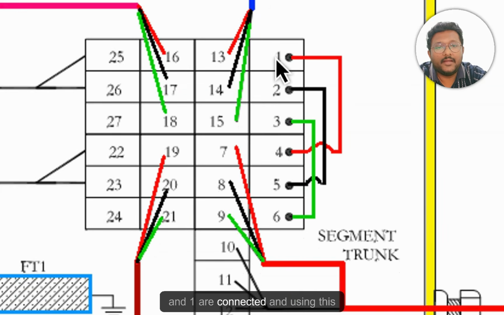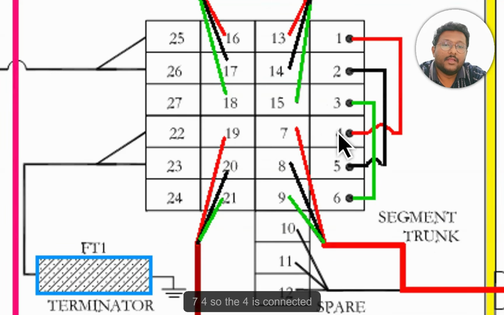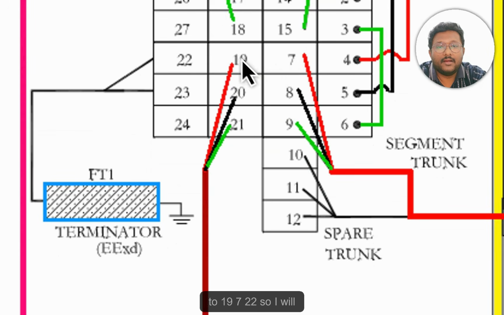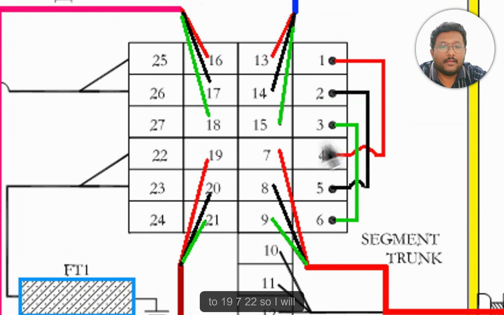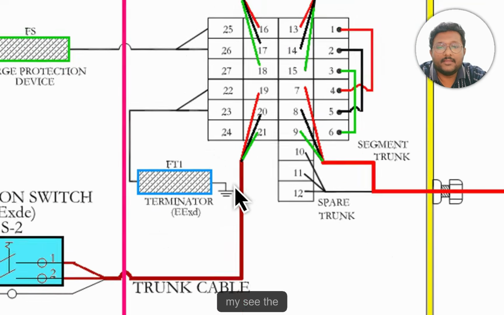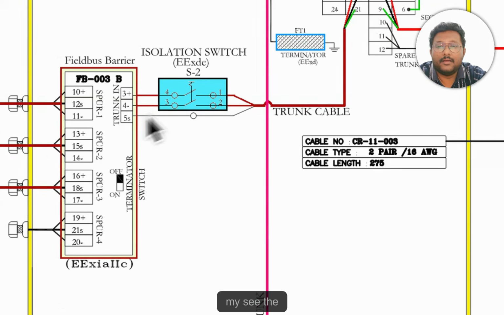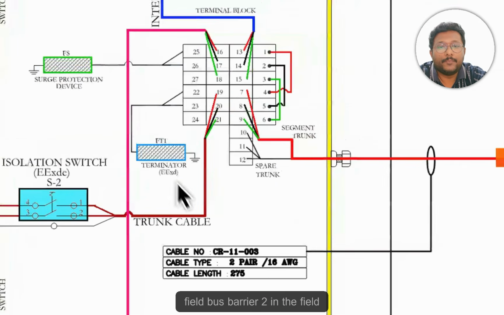13 and 1 are connected, and using this external jumper, 1 and 4 are connected. Again, this complete line is connected internally: 22, 19, 7, 4. So 4 is connected to 19, 7, 22. So I will consider this 4 and 19. This is my brown color line coming from field bus barrier 2.